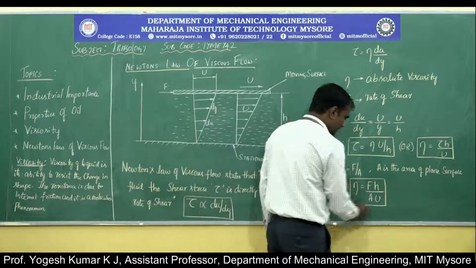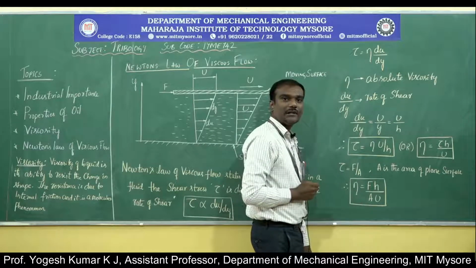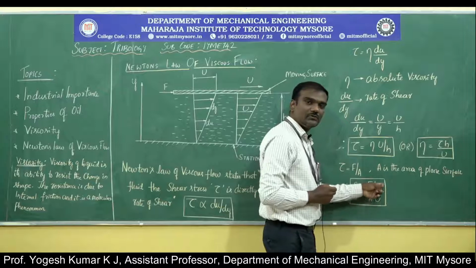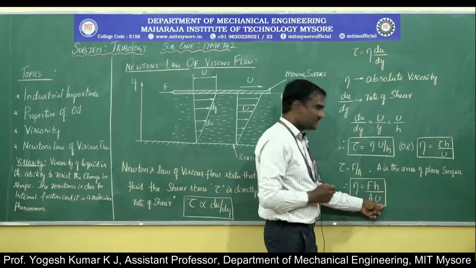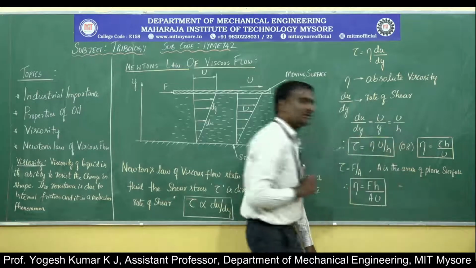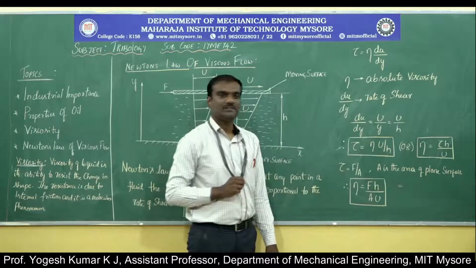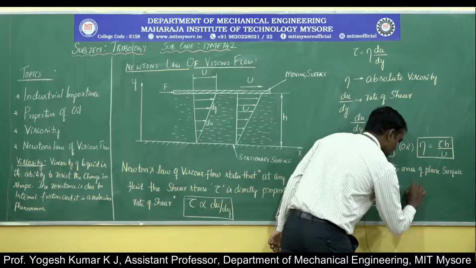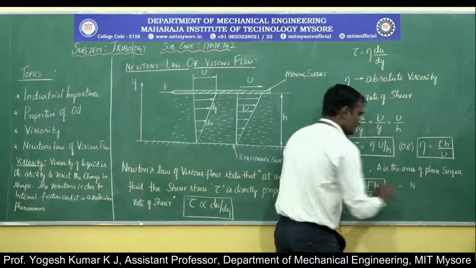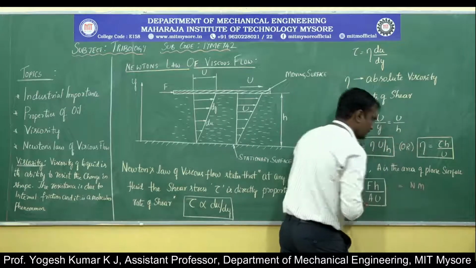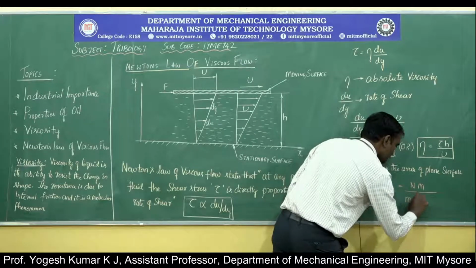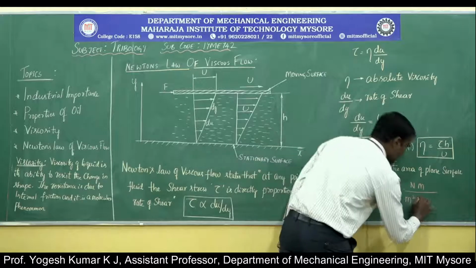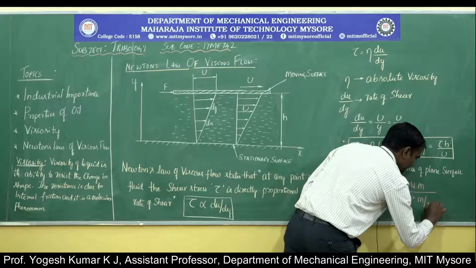Let us find the unit of this absolute viscosity. We know the unit of force, height, area and velocity. Let us deduce the unit of absolute viscosity. The unit of force is Newton, the unit of height is meter, the unit of area is meter square, and the unit of velocity is meter per second.